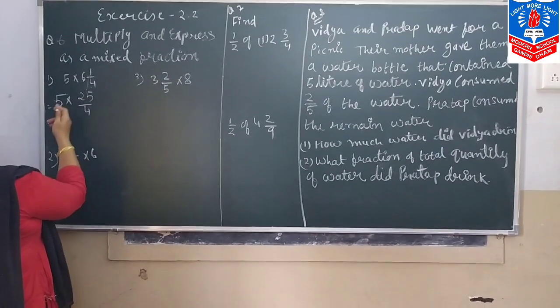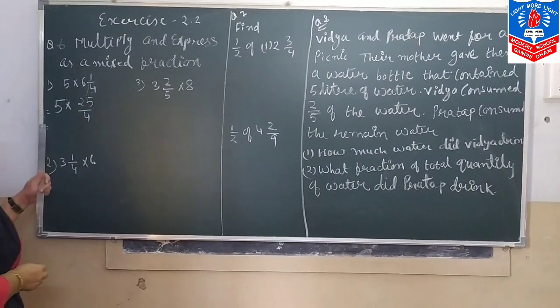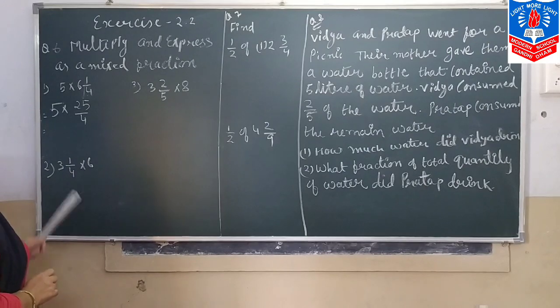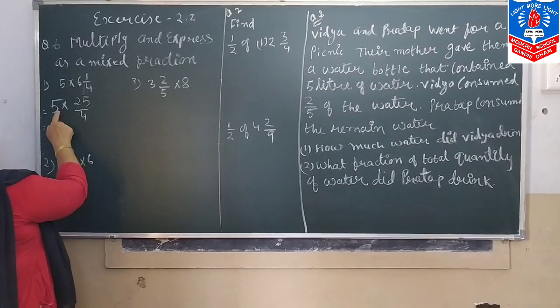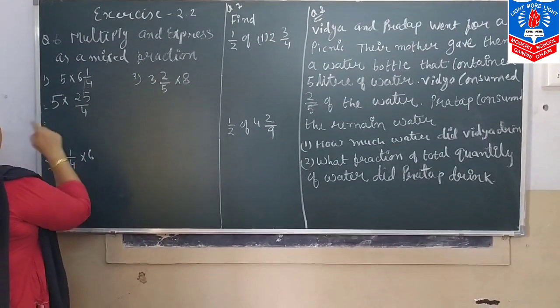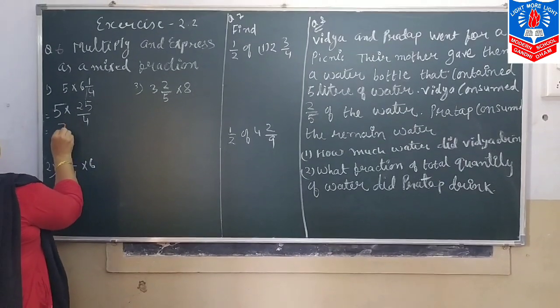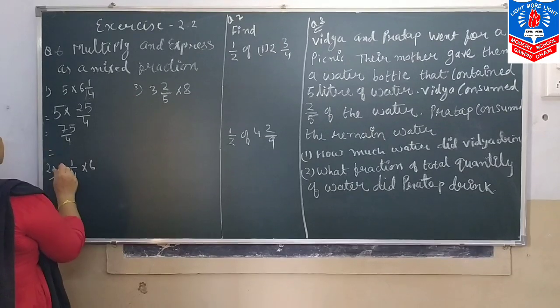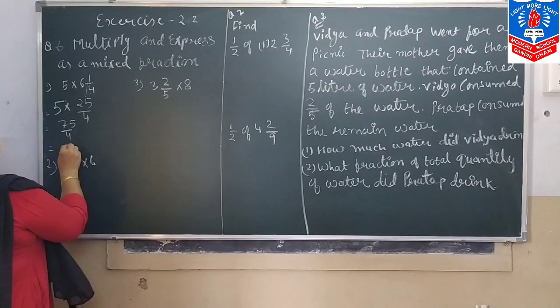So here is 25 and here is 5. Both numbers are not divisible by 4, so we just multiply: 25 fives are 75 by 4. Then we convert into a mixed fraction.